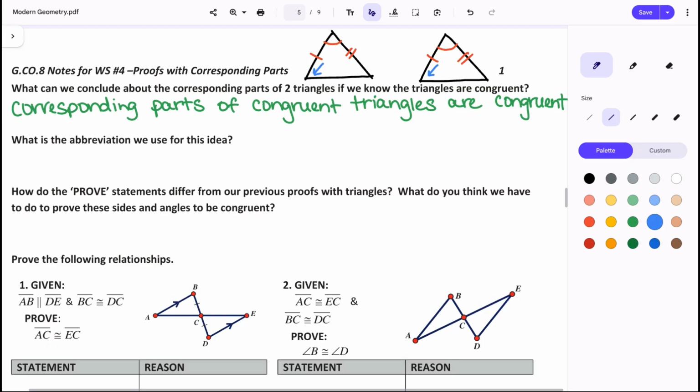Okay, and here's what it is. It's CPCTC. And here's where those letters come from. We take the C from the corresponding, P from parts, C from the first congruent, T from triangles, and the last C comes from that last congruent.